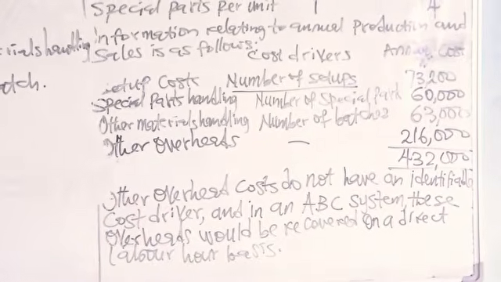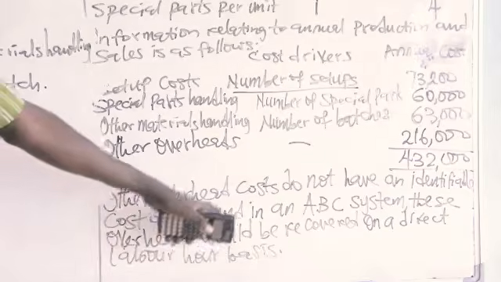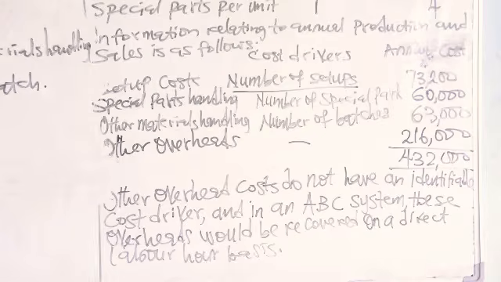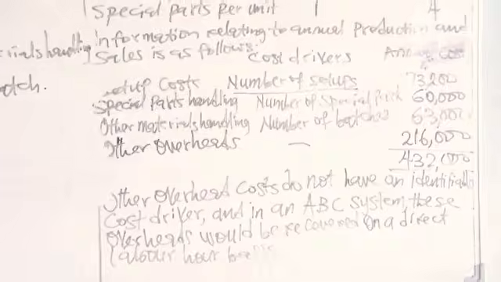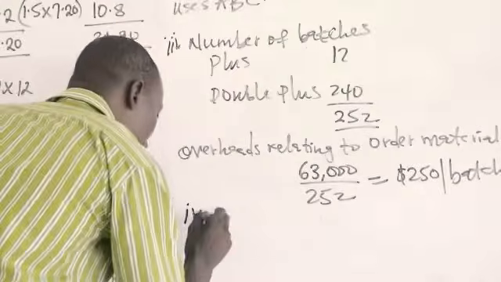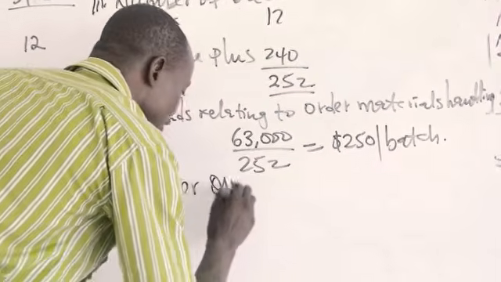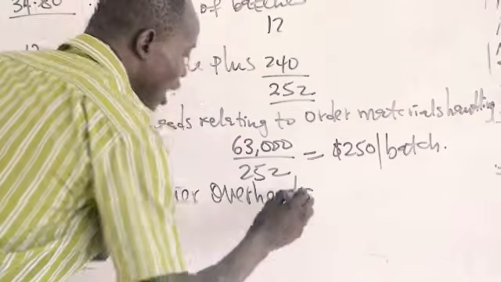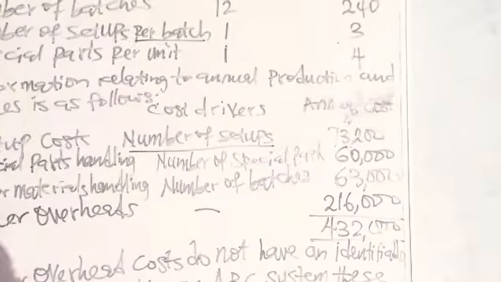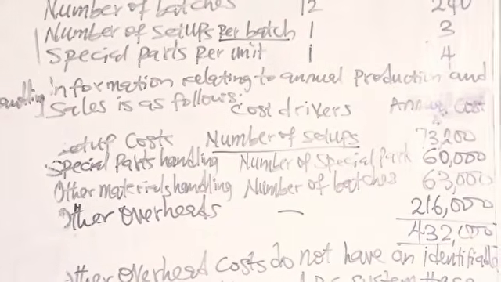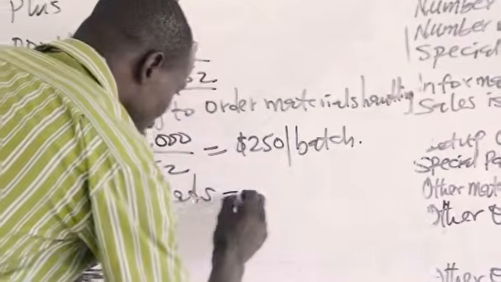So under examination condition, even though this clause is not added, and you have other overheads or general overheads, you use direct labor hour basis for that. So we have other overheads that amounted to 216,000. You are going to use direct labor hour for that.